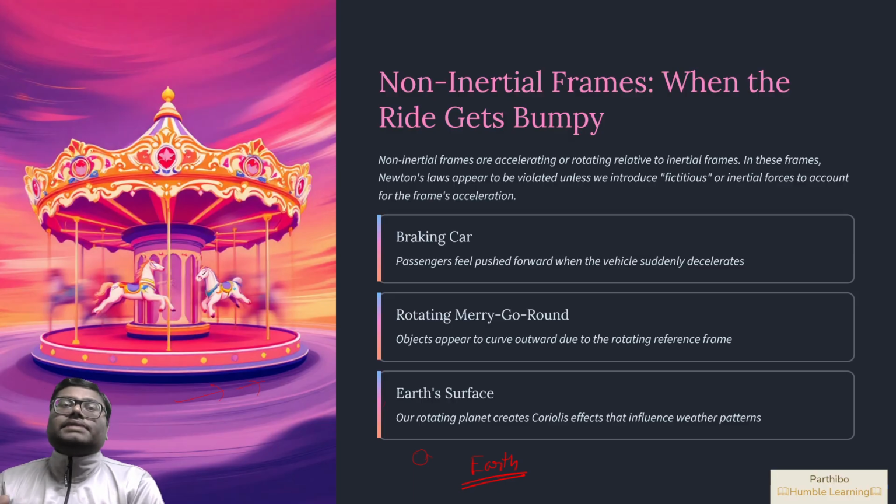There are some examples: a braking car, where the passenger feels pushed forward when the vehicle suddenly decelerates. That is also an example of acceleration, deceleration actually. On a rotating merry-go-round, objects appear to curve outward due to the rotating reference frame.